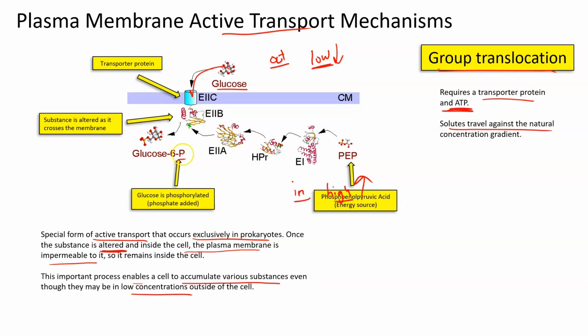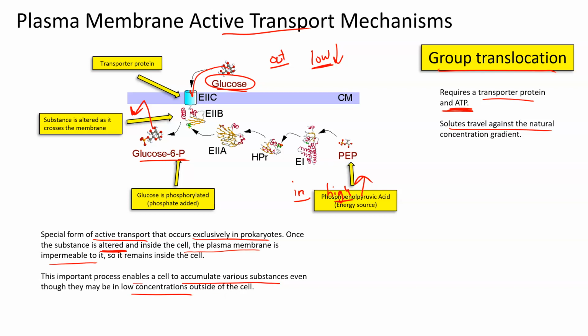Once it has a phosphate added, it becomes glucose 6-phosphate, and at that point, it cannot pass through the membrane by itself, because these transporter proteins are specific to glucose, not glucose 6-phosphate. Once the glucose has been brought in and turned into glucose 6-phosphate, it no longer can get out. That's important.